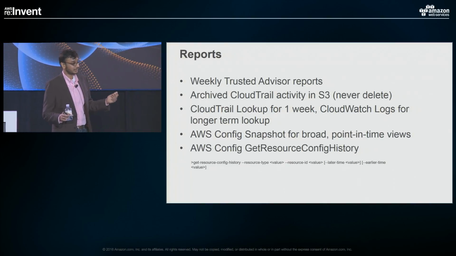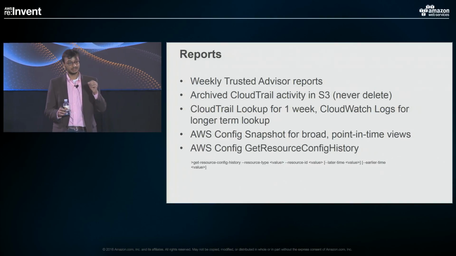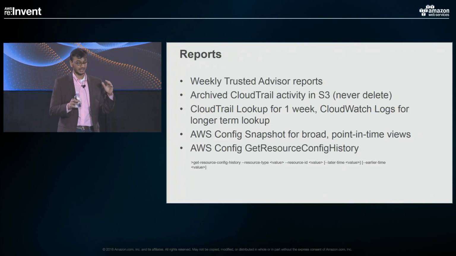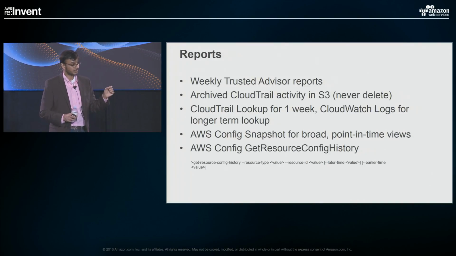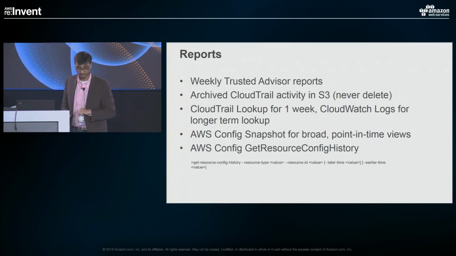Maybe auditors will use the CLI someday, but it's possible to use a single CLI command to get the history of any resource. You just say, I want to look at this EC2 instance between time 1 and time 2. And you get a full history of all the changes that happened to that resource as captured by Config. And that one API applies to all the different resources you have.